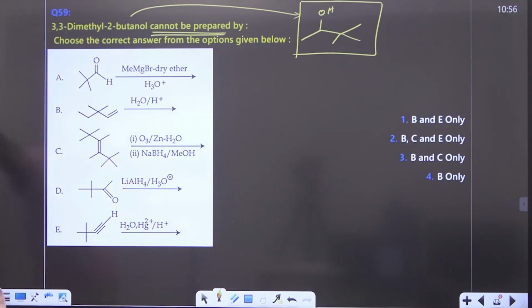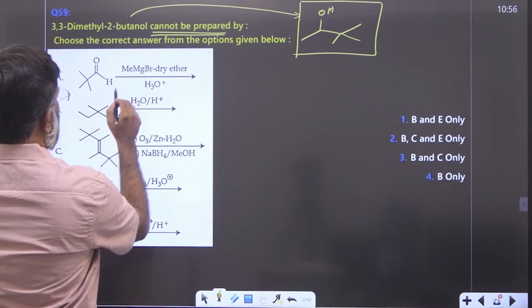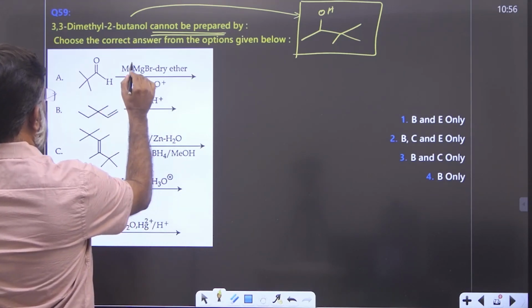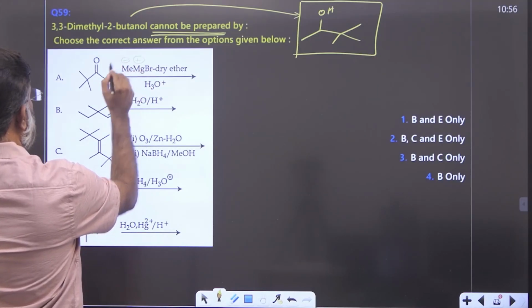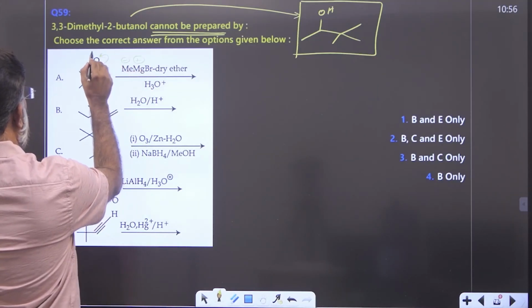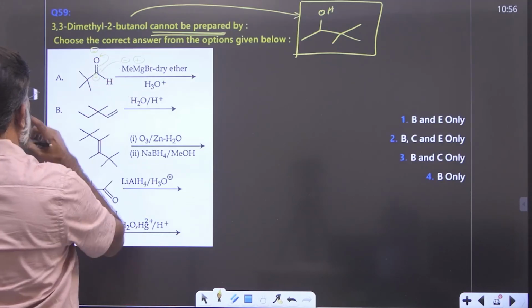Let's have a look at option A. We have methyl magnesium bromide followed by hydrolysis. So this is a Grignard reagent. This is plus, this is minus, it will polarize, and there will be an attack.